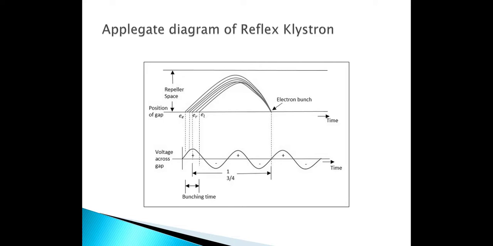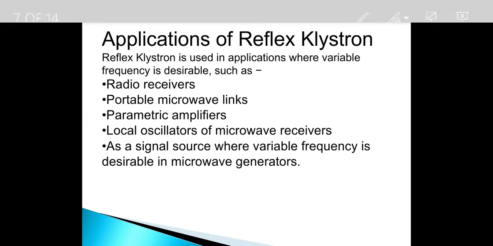In general, the optimum transit time should be T equal to n plus 3 by 4, where n is any integer. This depends on repeller and anode voltage.